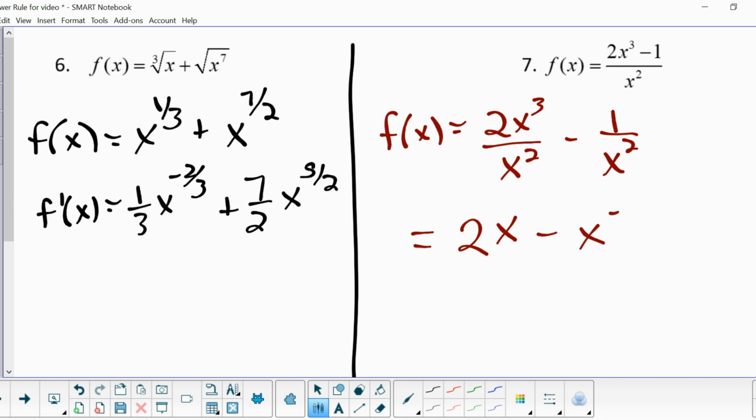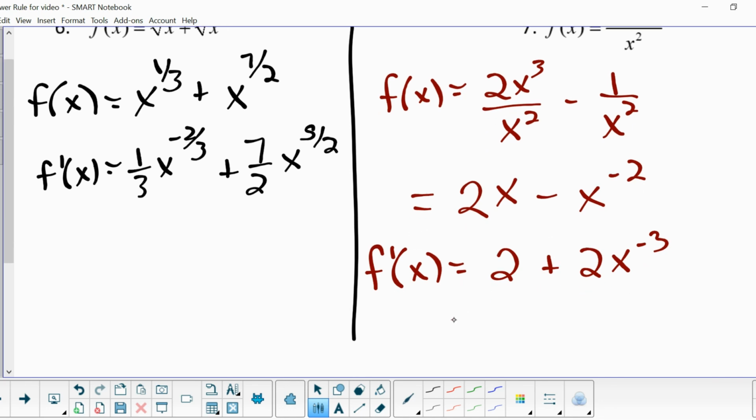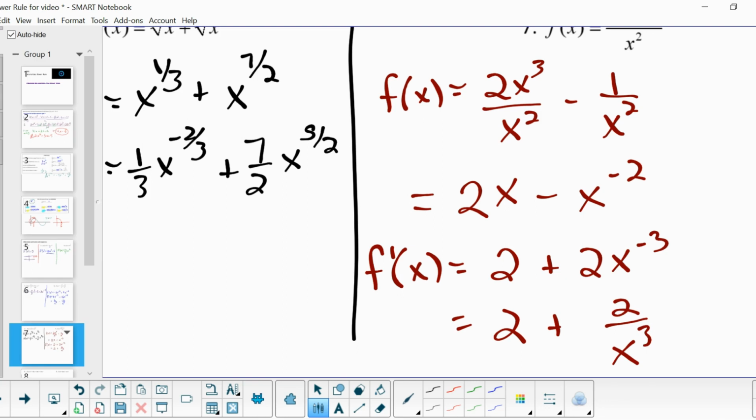And then I'm going to rewrite 1 over x squared as x to the negative 2. Now I can take the derivative of this, and it becomes 2 plus 2x to the negative 3, which again I want to rewrite in fraction form, so that becomes 2 plus 2 over x cubed.